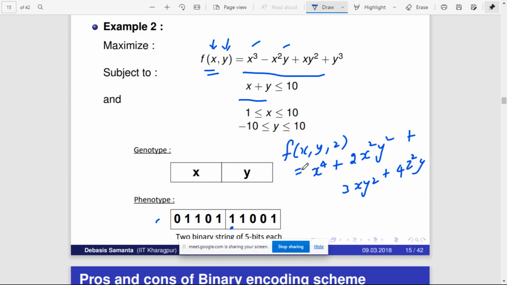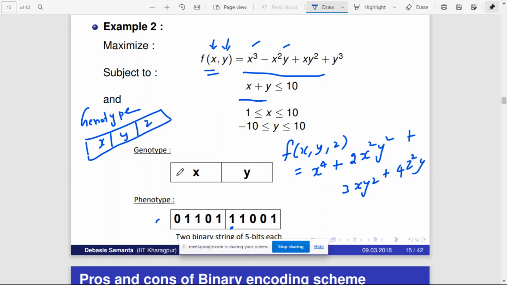Okay, now this genotype, how will you represent the genotype? X, y and z. It's now three variables. So this is genotype, this is very generic.